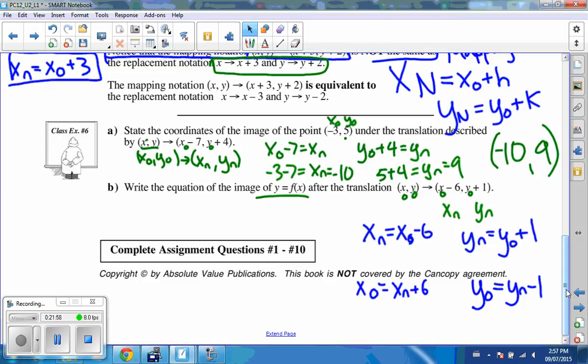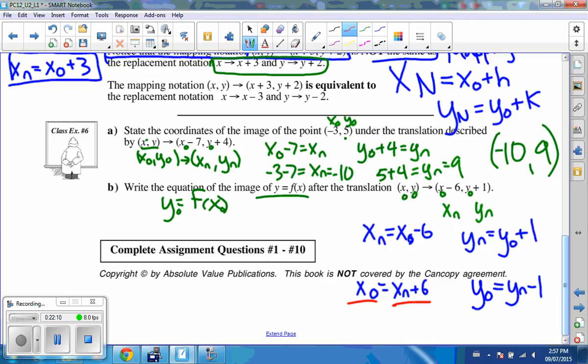So now if I have y equals f of x, and sorry, those are my old points, I can now do my replacements. I'm going to replace this with that.